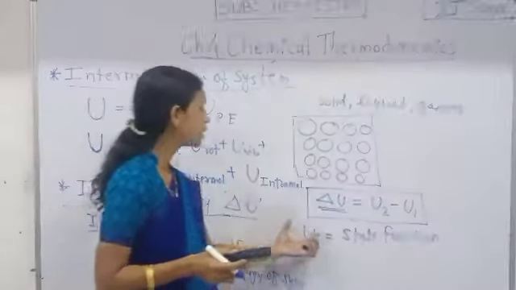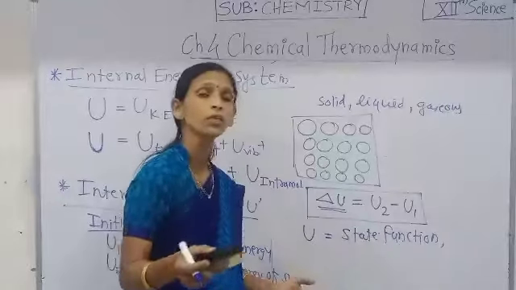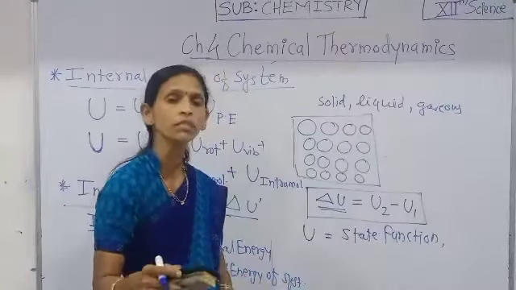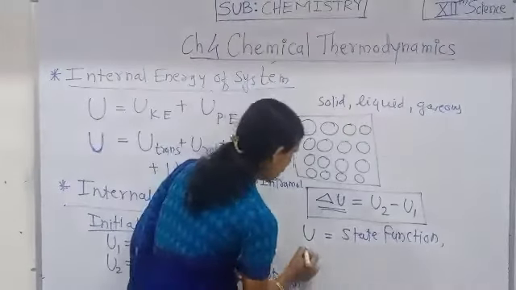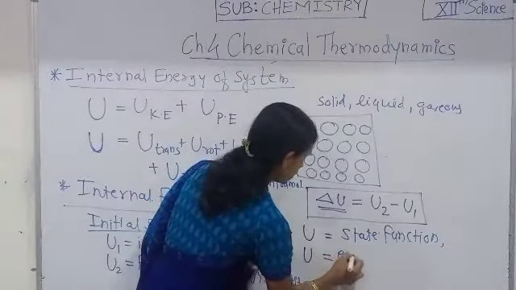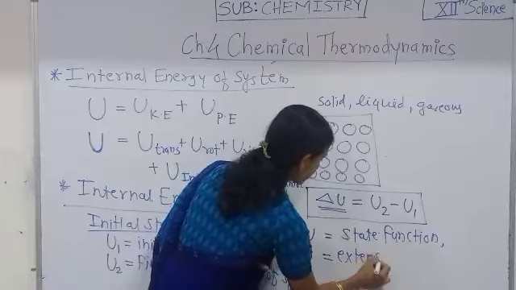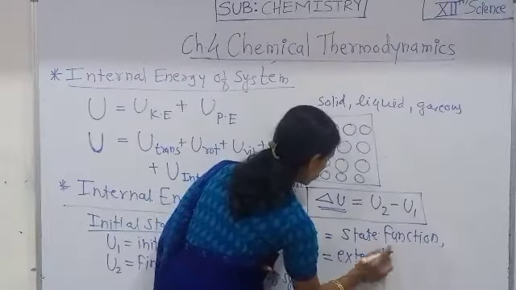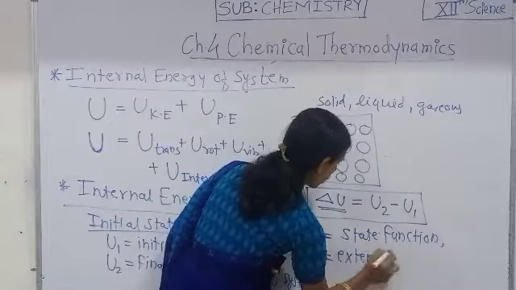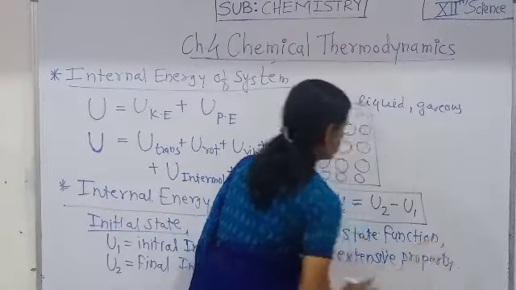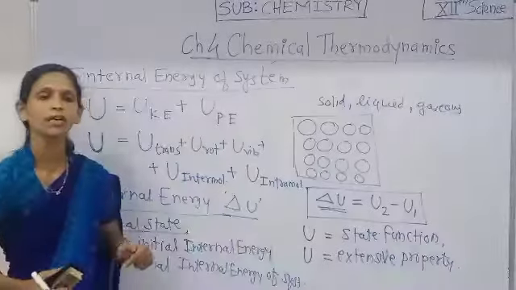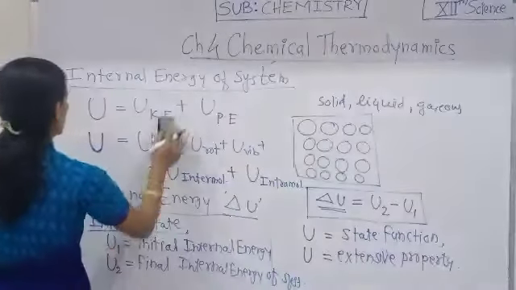Internal energy also depends upon the amount of substance, that means it depends upon the quantity of that substance. Therefore internal energy is an extensive property of the system, and that is about the internal energy of the system.